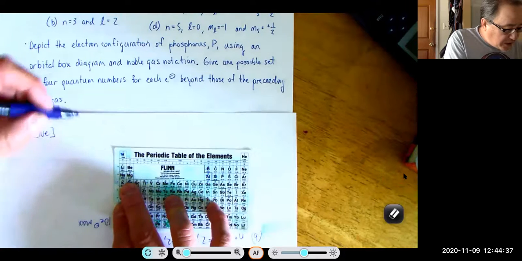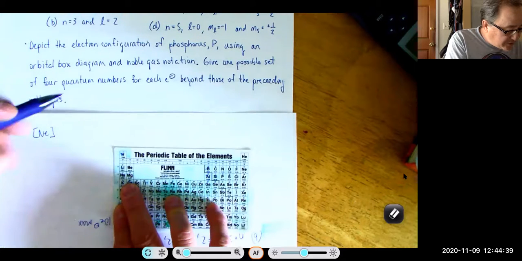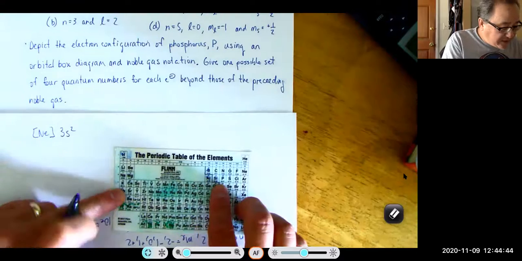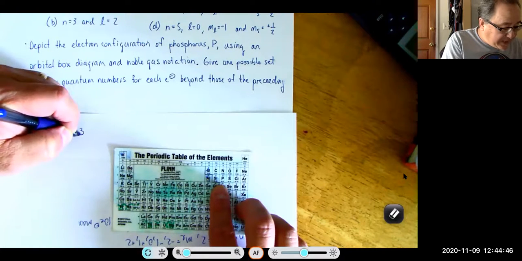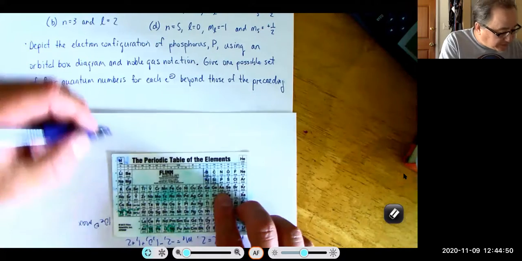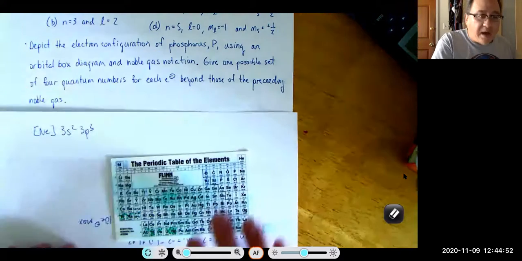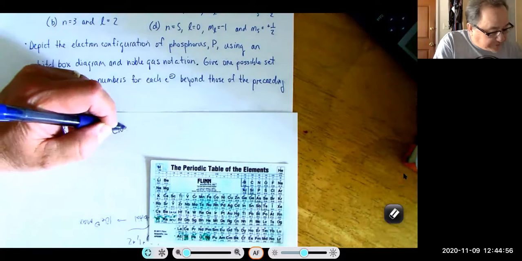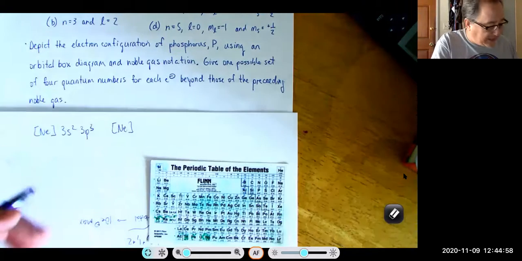So here's the SPDF. We have neon, and then we have 3s2, and then 3p3. And now I draw the orbital box. There's no need to rearrange these because we don't have 3s and 4s or anything like that.